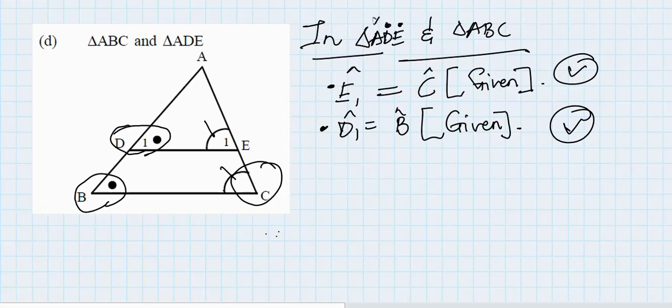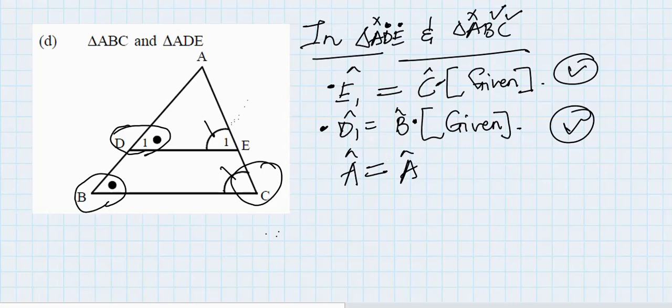Which angle is left? A, right? So you're going to say angle A is equal to, on this side, we spoke about angle C, so highlight C there. We also spoke about angle B, so highlight B there. You're left with A, right? So you write angle A there.